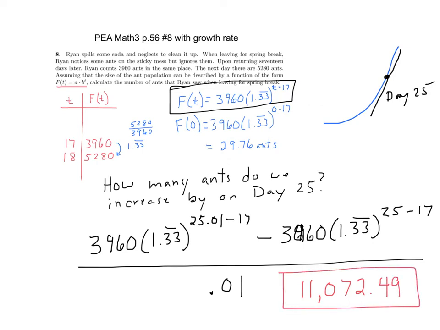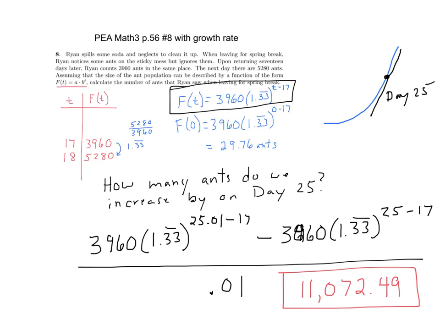So on day 25, you should have increased by about 11,000 ants, the actual number per day. That seems like a high number, but if I think about this, on day 17 it increased to 18, it increased by about 1,300. Then you're going to get a bigger number there, so it increased by 33% more and 33% more. It should get pretty big.